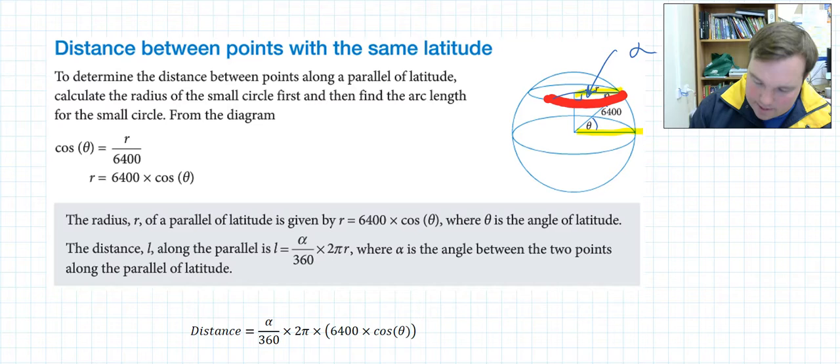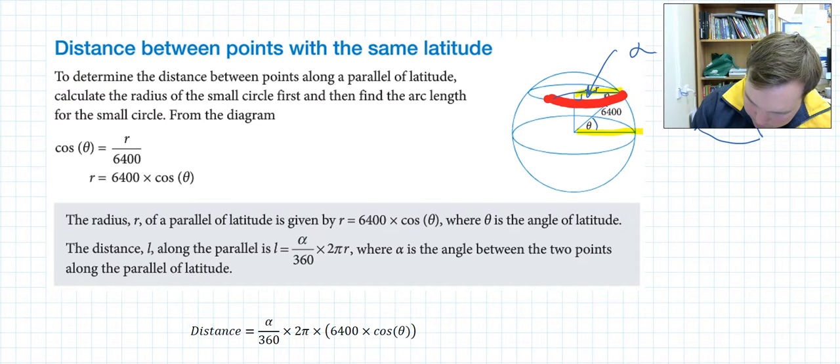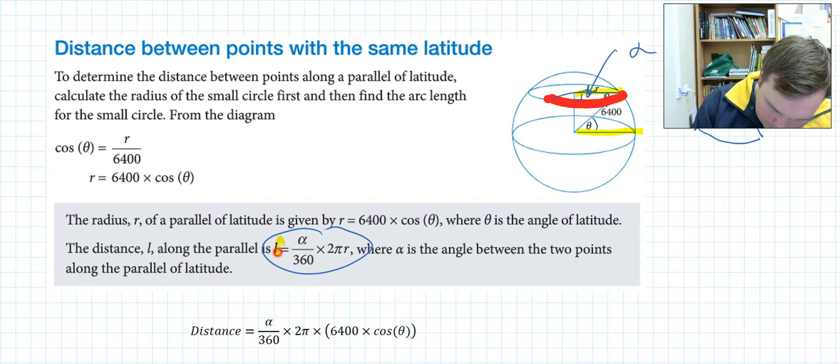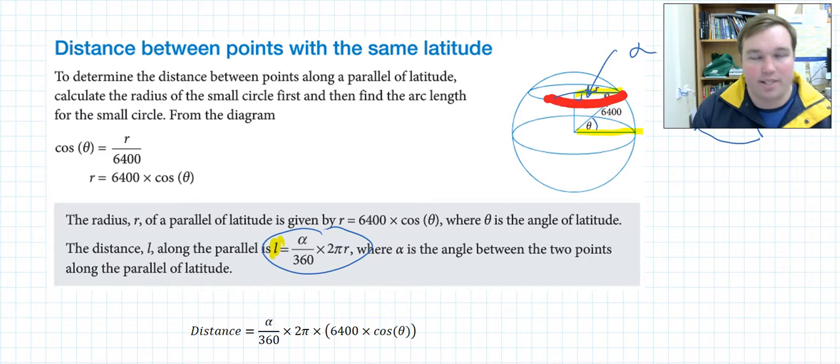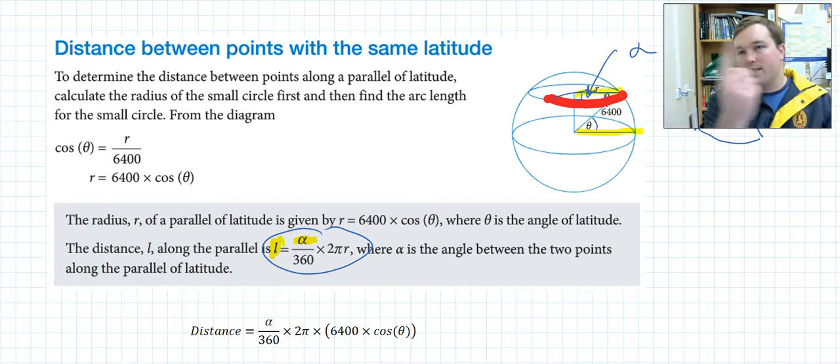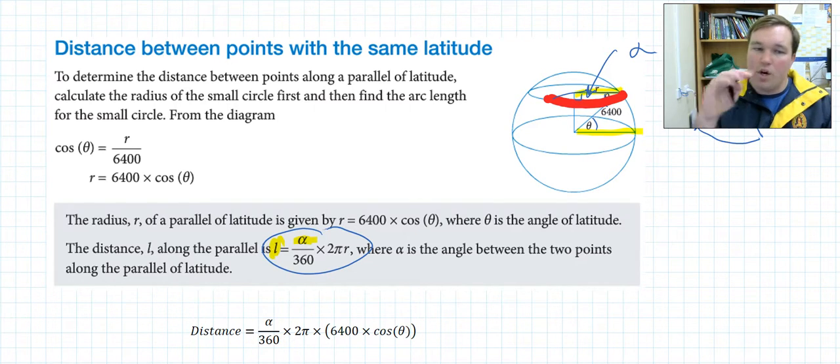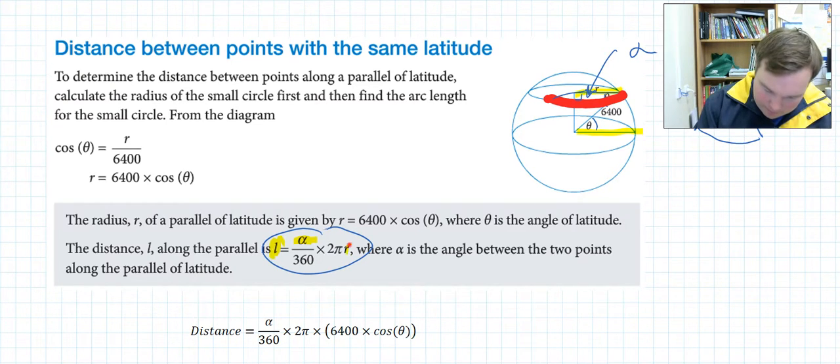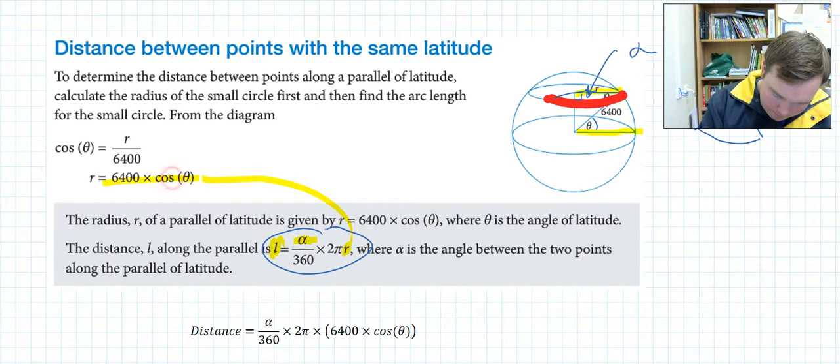So therefore the distance along that small circle, that red line there, will be found by doing this equation here. The length of that arc, we call it L or S or C for part circumference, equals alpha, which is the distance around, over 360, times 2 times pi times r. We've calculated r previously to be this.